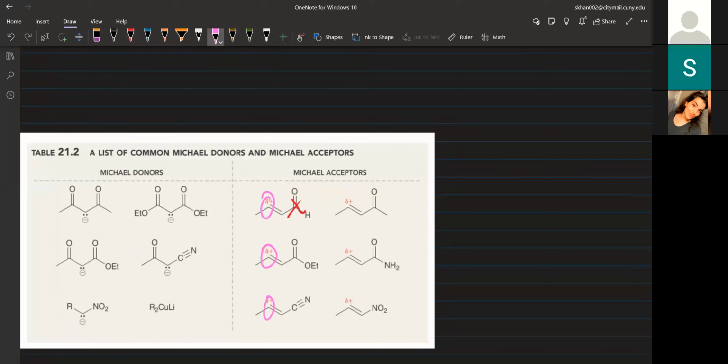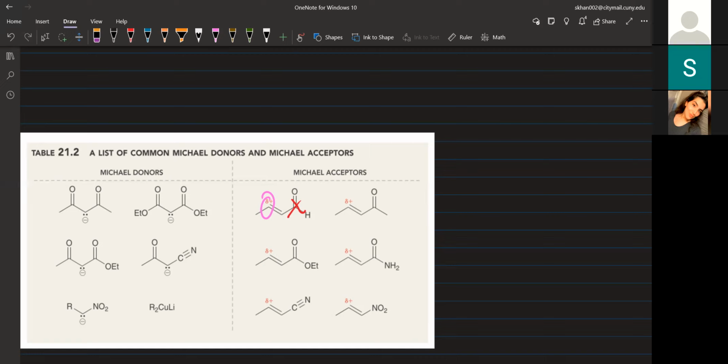So I'll erase the rest, but that's why this is a useful reaction: it gives you selective control. What if you wanted to add something at that position without disturbing your carbonyl? Now you have a way of doing it. So all these various nucleophiles add at the beta position, if you want to think about it that way.